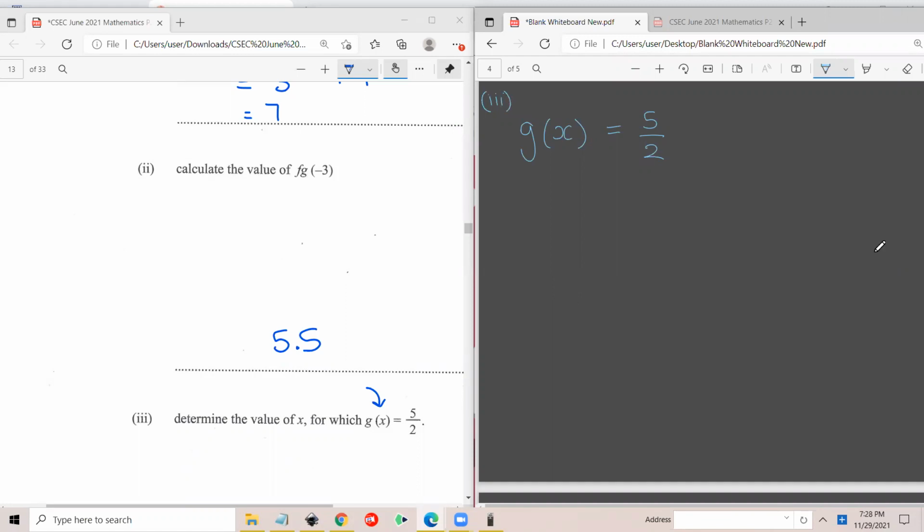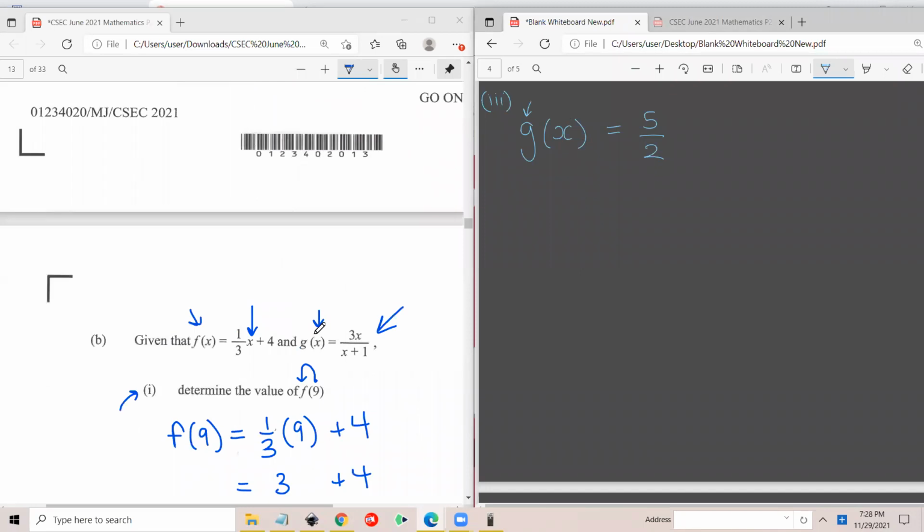So far in the questions, if they're talking about F or G, all we did was go back to F or G and replace the x with the value given. Now tell me something, in this question they're talking about g(x). Let's write back g(x) is equal to 3x divided by x plus 1.